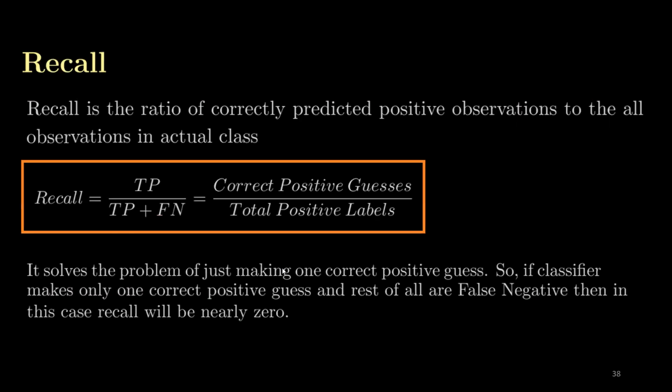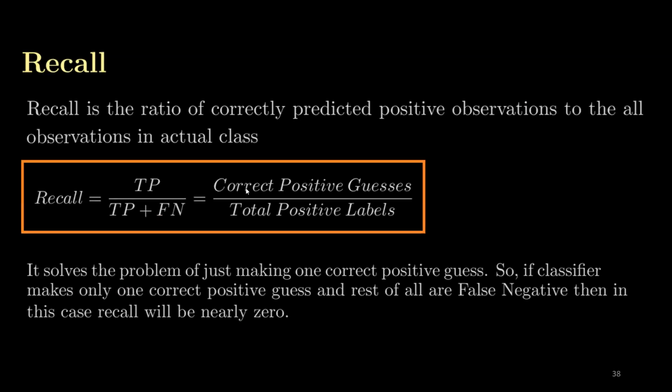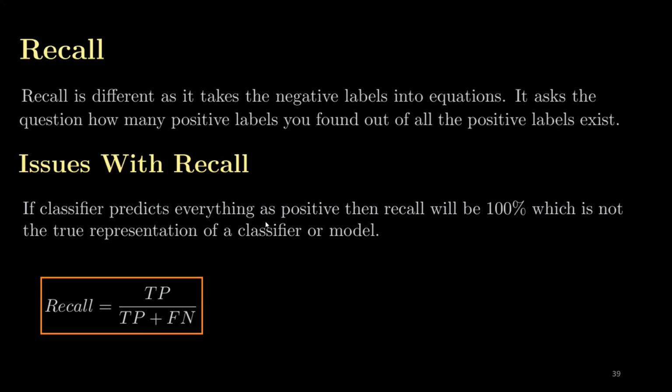Previously in precision, the problem was that the model made only one correct positive guess. Now the problem with recall is the model classifies everything as a positive. In precision, the model classifies one sample as a positive and then it stops predicting further. But in the case of recall, it classifies everything as a positive. In that case, there will be no false negative term and the ratio will be 1 in the case of recall as well, and we will get 100% recall.